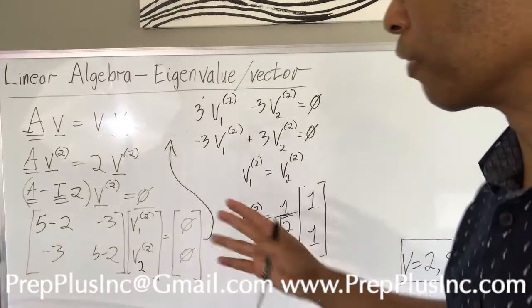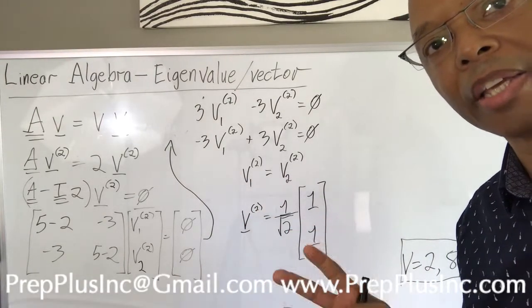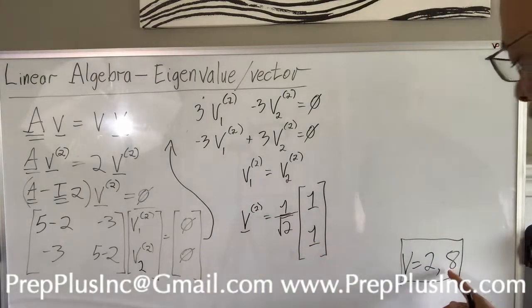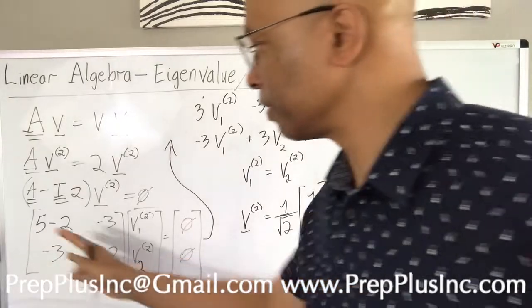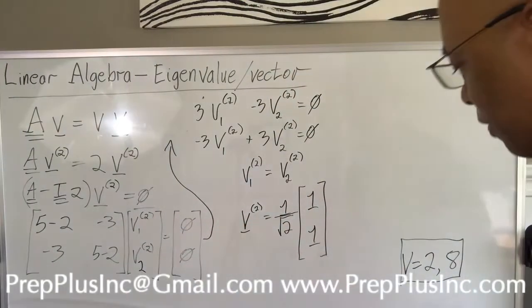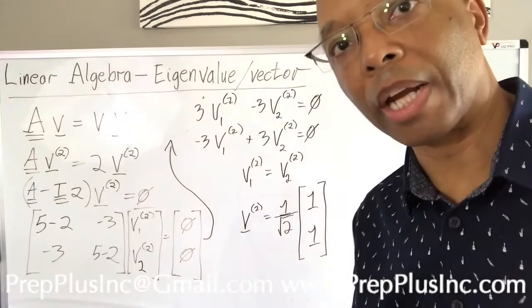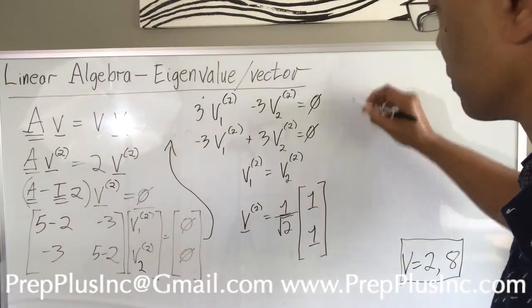Now, we go through the same steps to get the eigenvector corresponding to eigenvalue 8. It's the same stuff, just wherever you see 2, put in an 8. Nothing fancy. I'll just save you the labor and tell you the result.